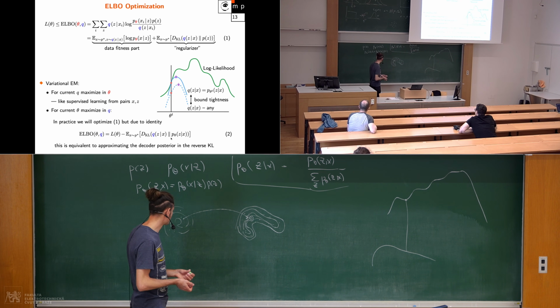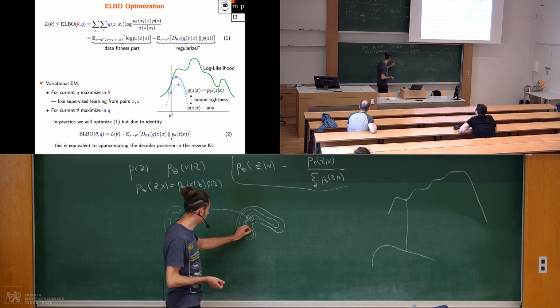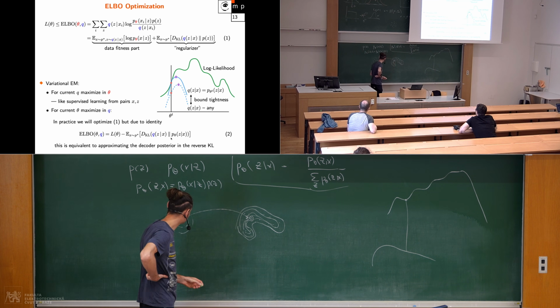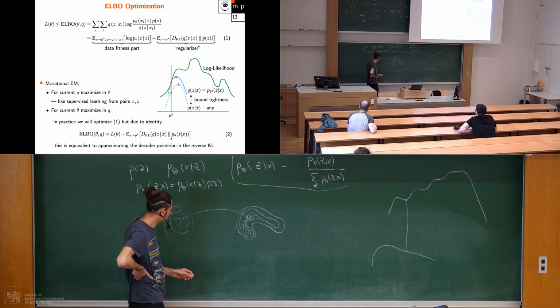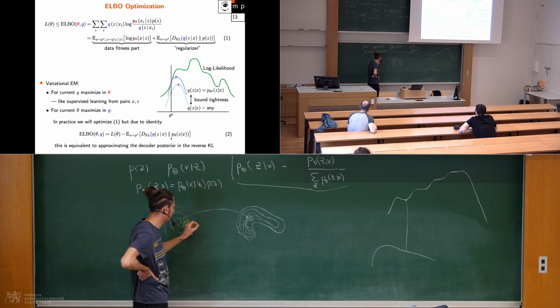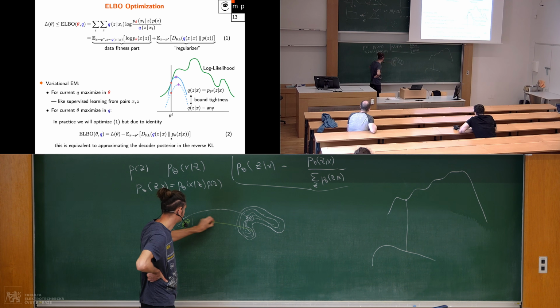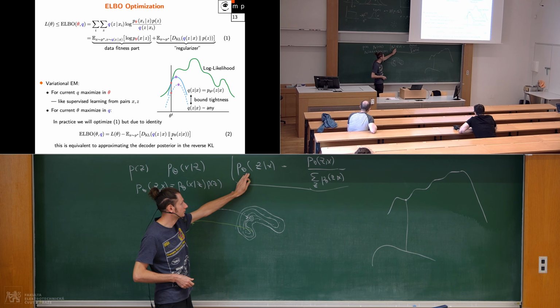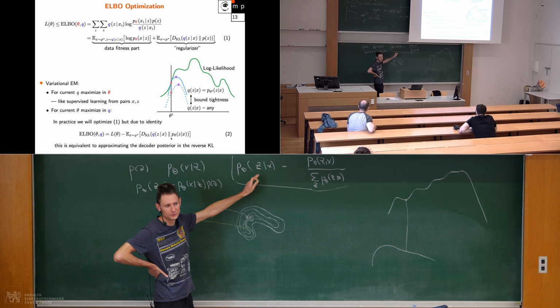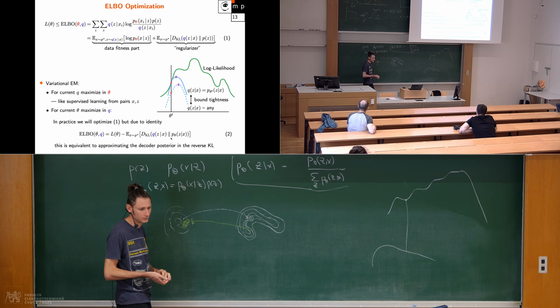The question is, given a point here, what is the distribution in this latent space of codes which could have generated this point? So this is the posterior distribution.